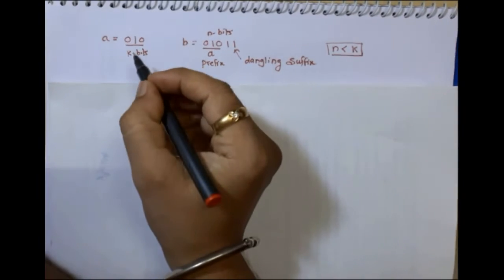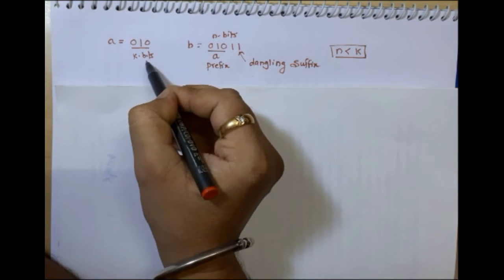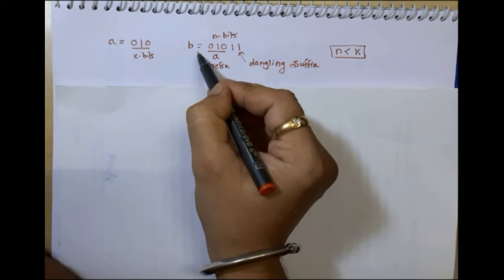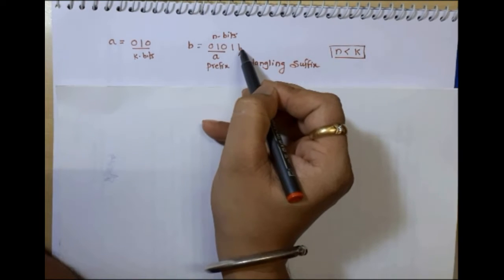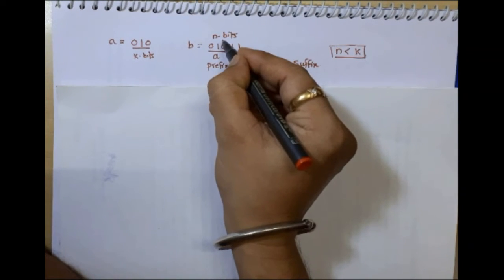A is 010, which is k bits long, so this is 3 bits long. We have B as 01011, which is n bits long. So k is equal to 3 bits and n is equal to 5 bits.